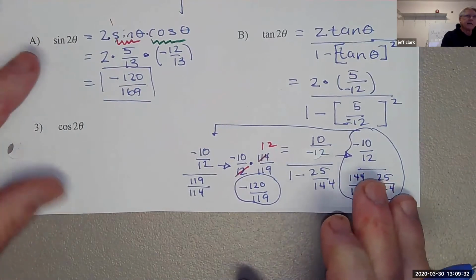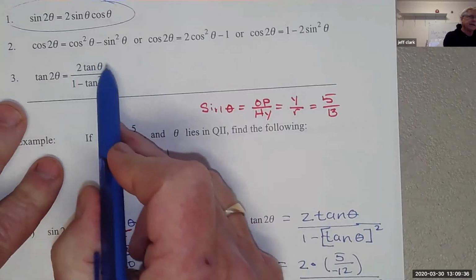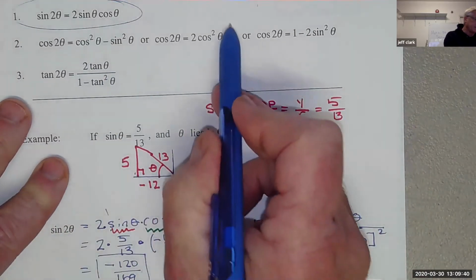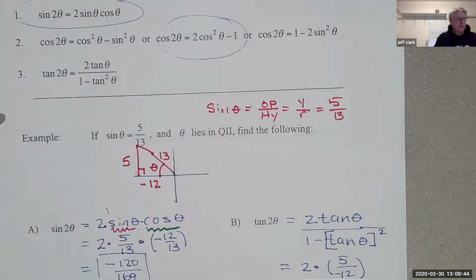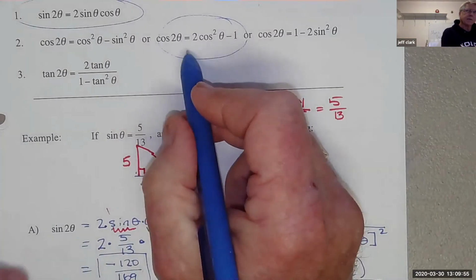And then this next one, cosine 2 theta, you get to pick any of these. Pick the middle one. Depending which one you pick, your answer might be slightly different, but if you take the decimal approximation of either one of them, it will give you the exact same decimal answer. So I'll pick the one I circled right there.